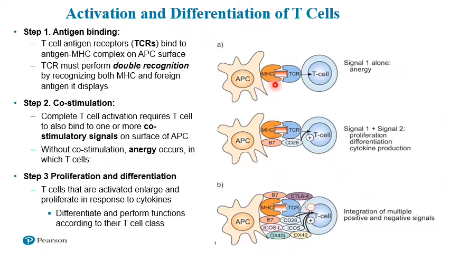Remember, your T lymphocyte cannot know what you're giving to them, not unless you present it to them in an MHC. It's just like the MHC is a gold platter, and they're not going to look at your antigen if you do not present it to them on a gold platter.